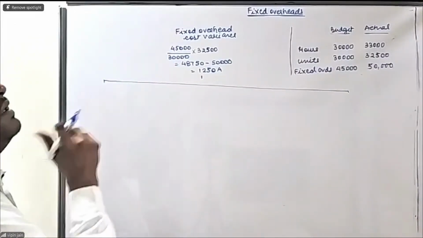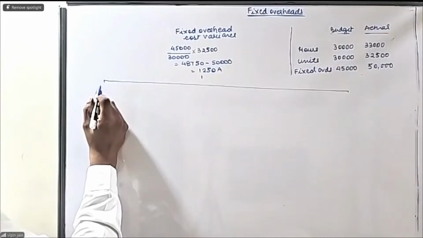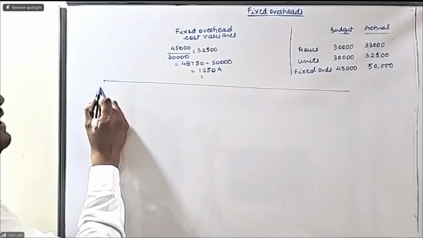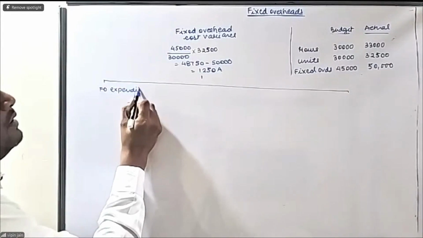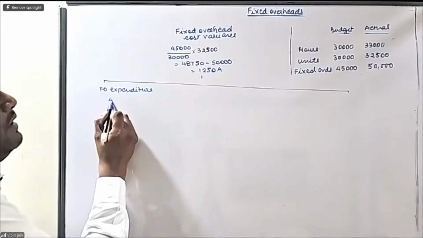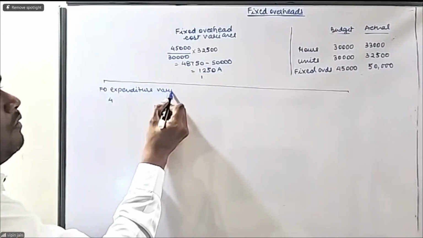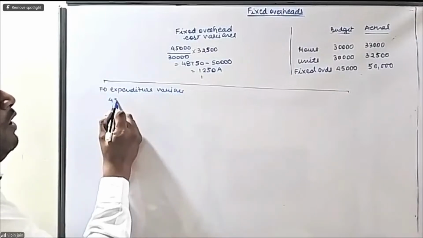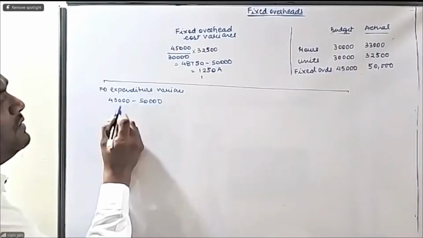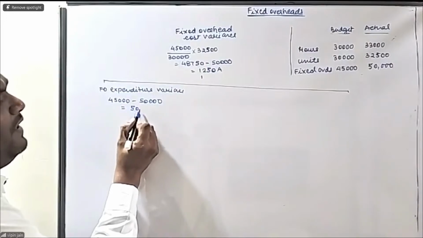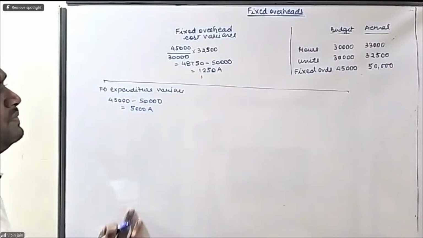Again, there will be no change in fixed overhead expenditure variance. So fixed overhead expenditure variance, same like before: 45,000 were my budgeted overhead and my actual overheads are 50,000. So this will be 5,000 adverse.